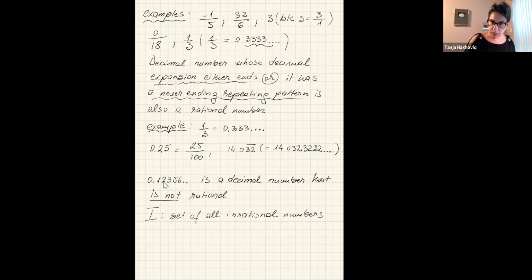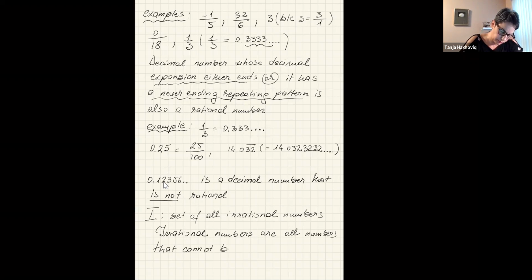So again, here's a loose definition of what we mean by an irrational number. Irrational numbers are all numbers that cannot be written as the ratio of two integers.